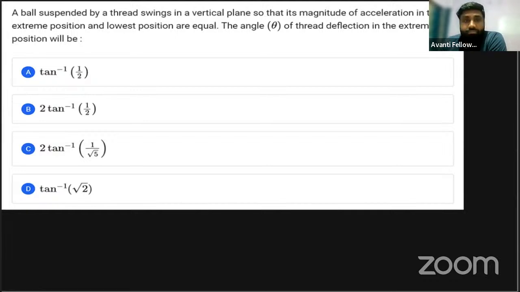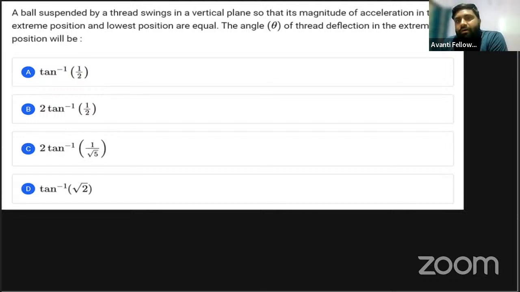Try to solve this one. A ball suspended by a thread swings in a vertical plane so that the magnitudes of its acceleration in the extreme position and the lowest position are equal.